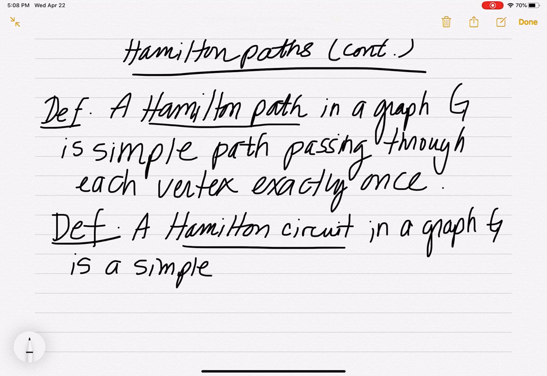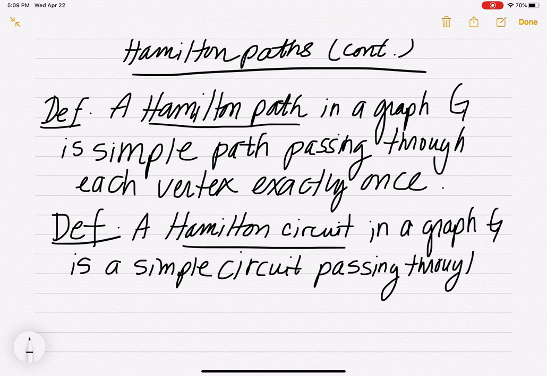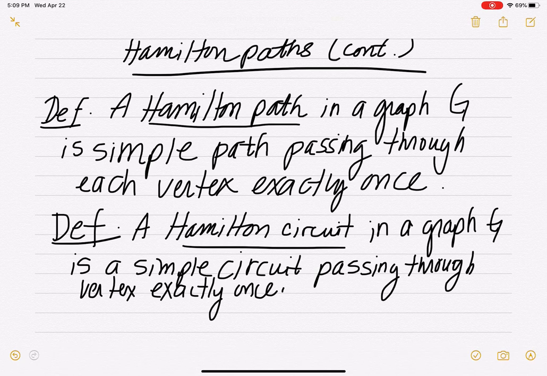So every time you cross an edge, you're not allowed to go back over that edge. And a circuit means you begin and end at the same place. It's a simple circuit passing through every vertex exactly once. So basically a Hamilton circuit is a Hamilton path that begins and ends in the same position, the same vertex.